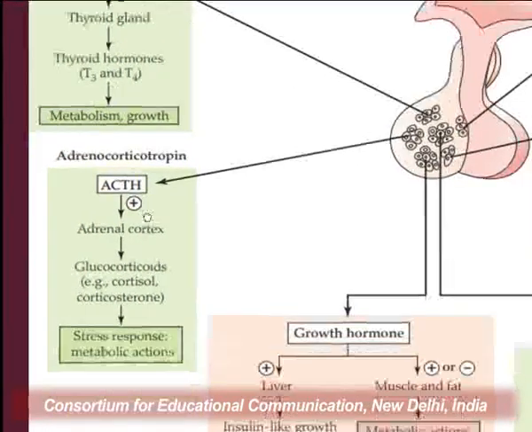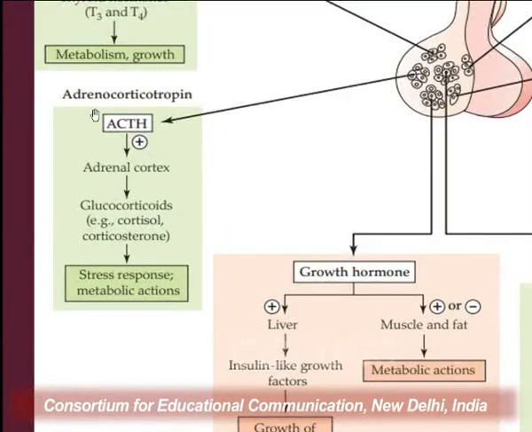Now let us have a look at this one. There are some corticotrophs as well, if you remember the previous slide. These corticotrophs release adrenocorticotropic hormone, ACTH, which is also referred to as adrenocorticotropin.